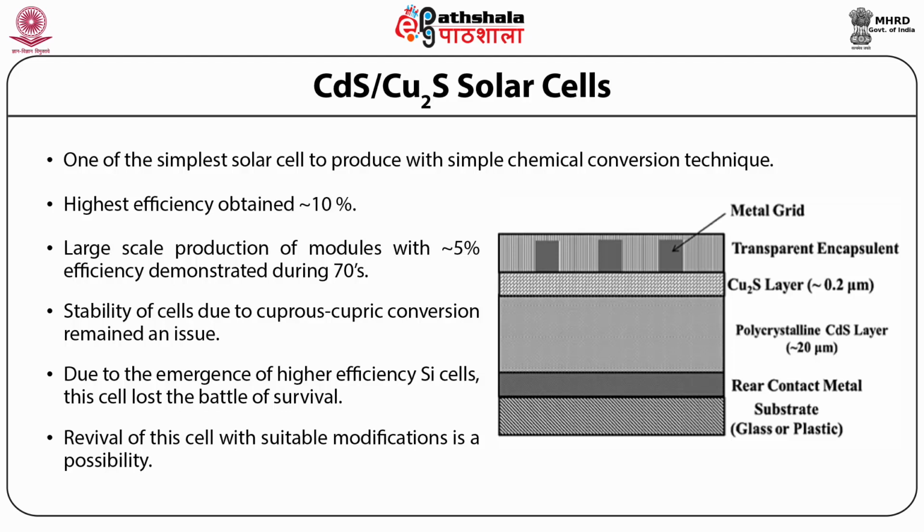Cadmium sulfide or copper sulfide cells are the simplest devices which perform almost anomalously. However, the mechanisms of their good performance are not as well characterized as those of silicon and gallium arsenide.